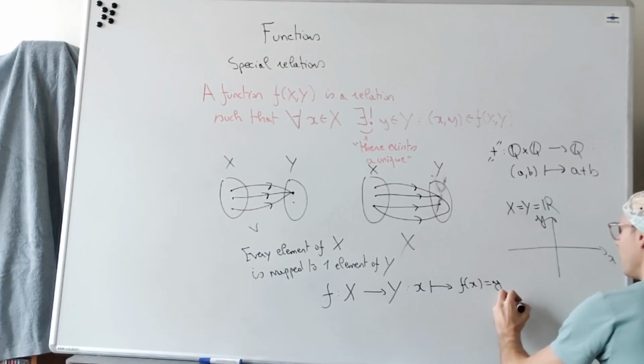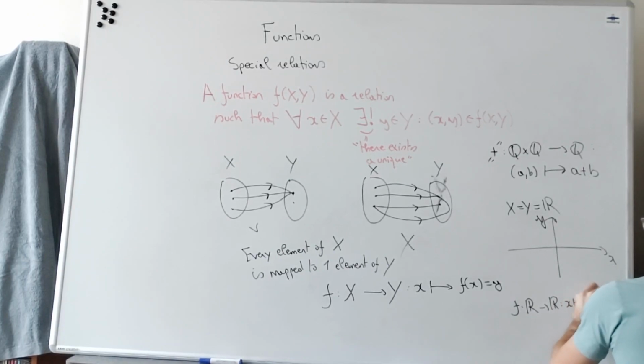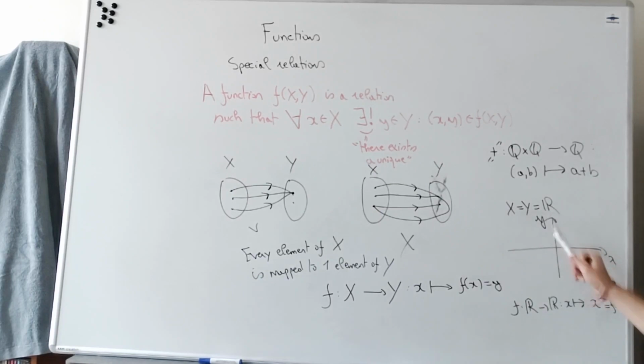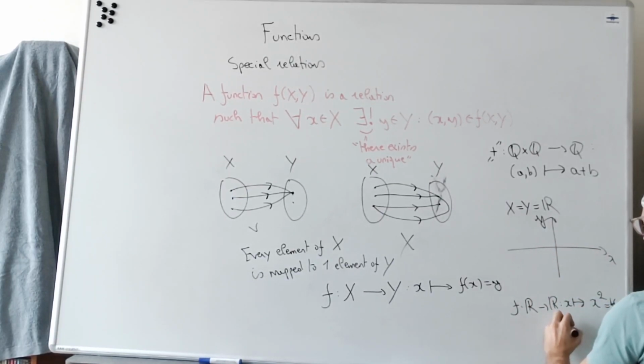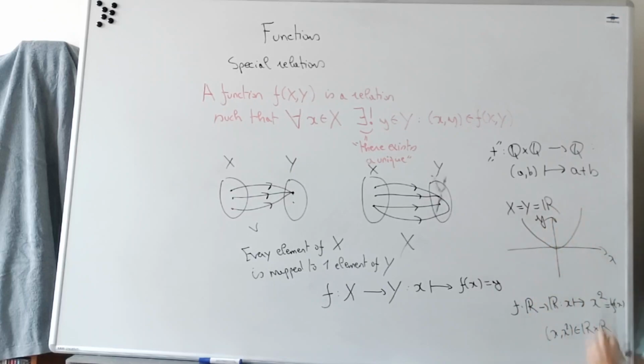For example, take the function from R to R which maps x to x squared, so this is my f of x. Then I can draw all those points (x, x squared) that lie in the plane, and what you're drawing then is the graph of the function.